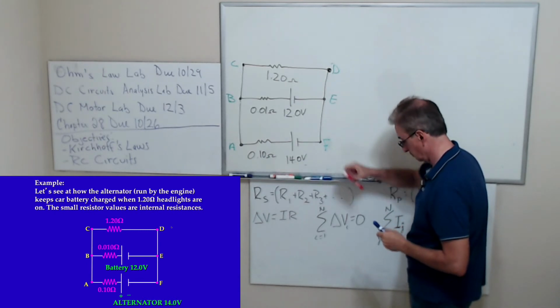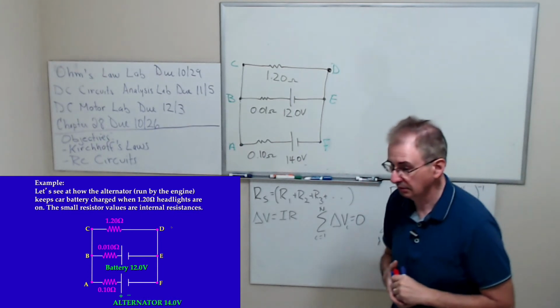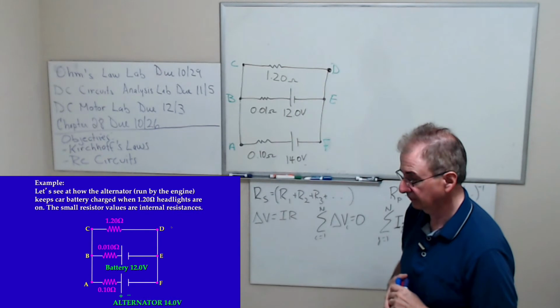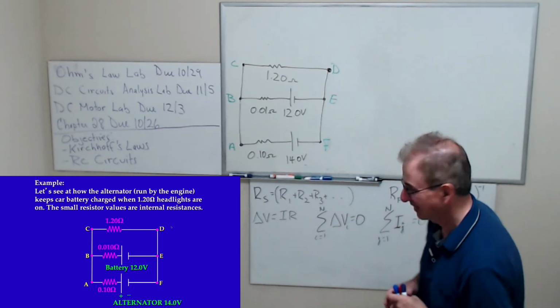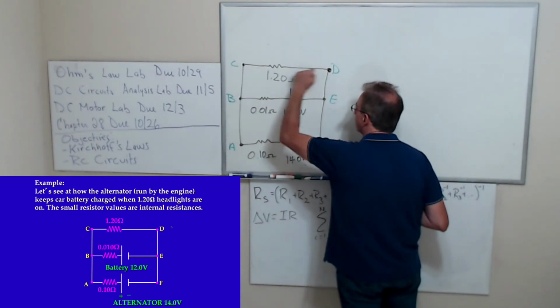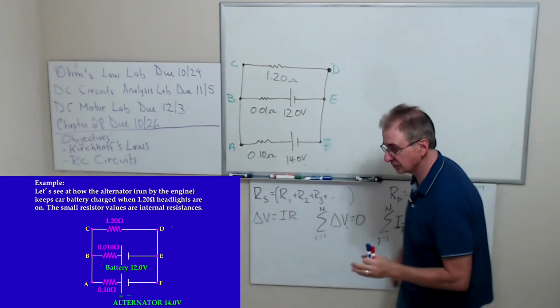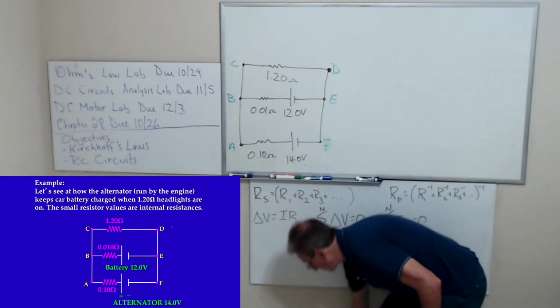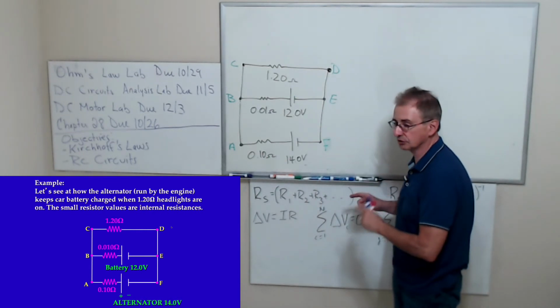Two. Do you see a third one? There's one, there's two, and then there's the big one out here. There are three loops, so I can apply Kirchhoff's voltage law to any one of those loops.